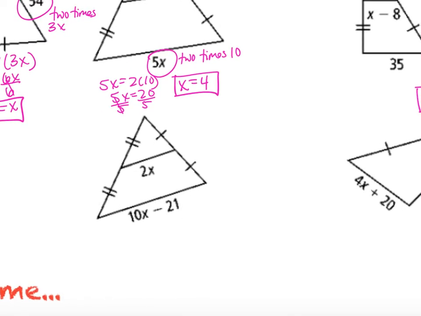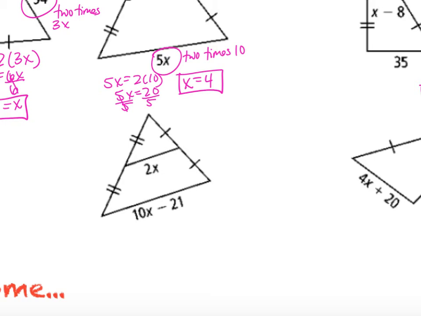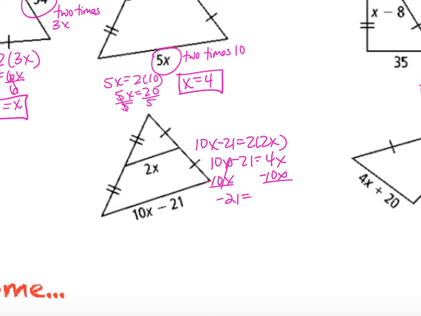So here we have 2x equals, actually, nope, this is going to be 10x minus 21 equals 2 times 2x. 10x minus 21 equals 4x. If we divide both sides by -6, we are left with a fraction.